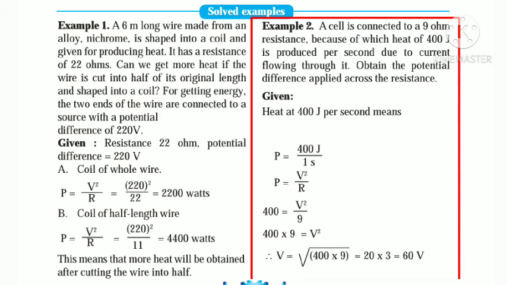V is equal to root of 400 into 9, is equal to square root of 400 is equal to 20 and square root of 9 is 3. Therefore 20 into 3 is equal to 60 volt. Means the potential difference applied across the resistance V is equal to 60 volt.